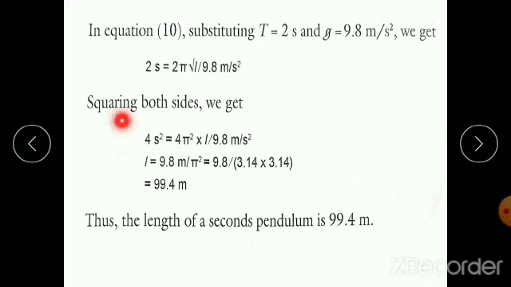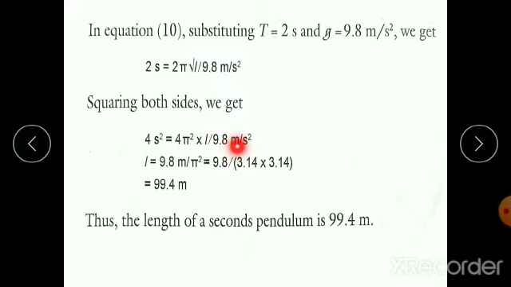Now you square both sides. Squaring on the LHS and RHS, you get 2 to the power 2, that is 4 second square, equal to 4 pi square into, when you square it, the square root and the square get cancelled, so you get the length of the simple pendulum divided by 9.8.